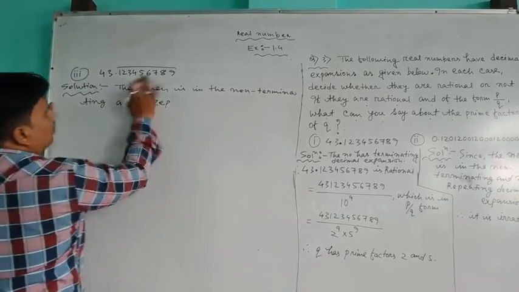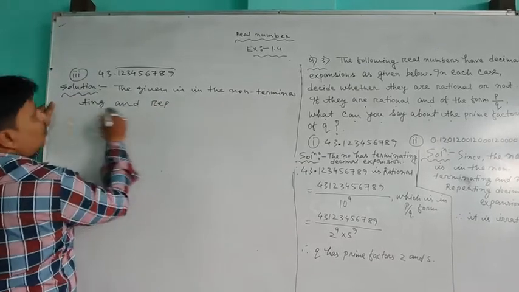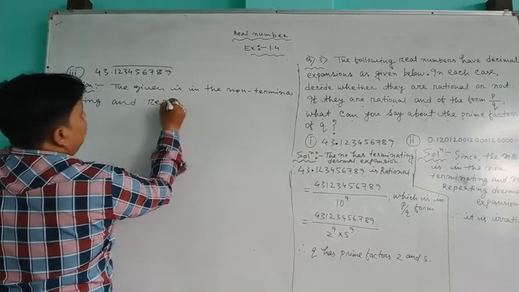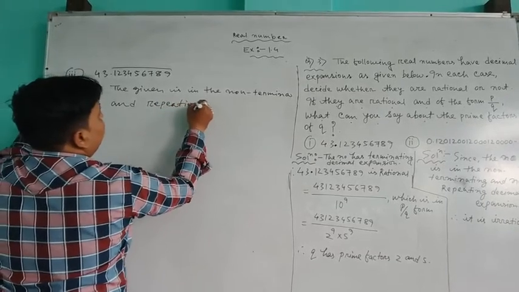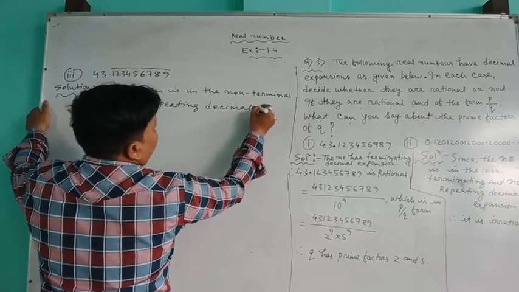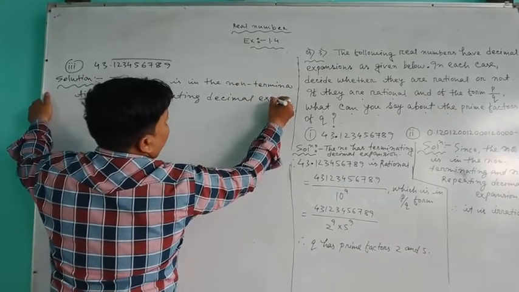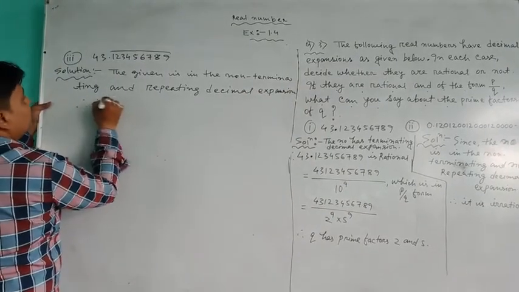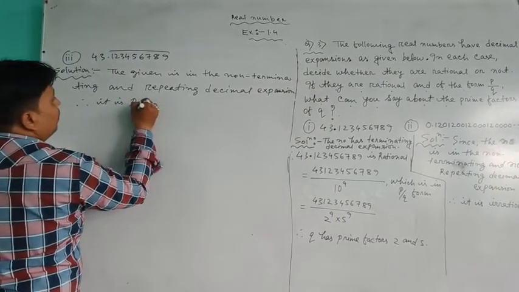This one is repeating. So non-terminating and repeating decimal expansion. Therefore it is rational.